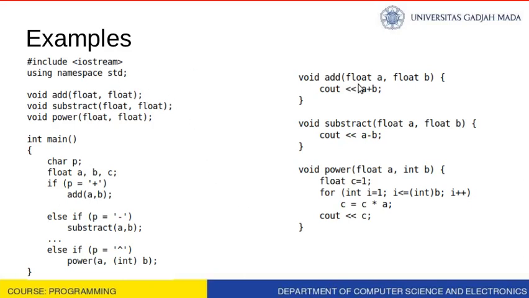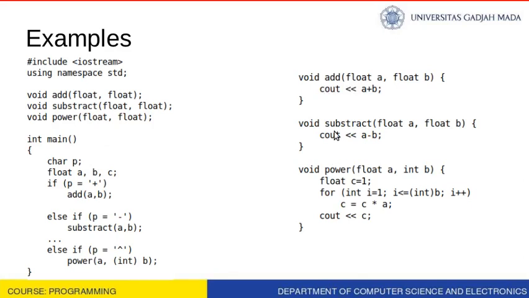This program is actually the same as the previous example in the previous chapter. However, the order of the written function is different. I put the main program before the function.